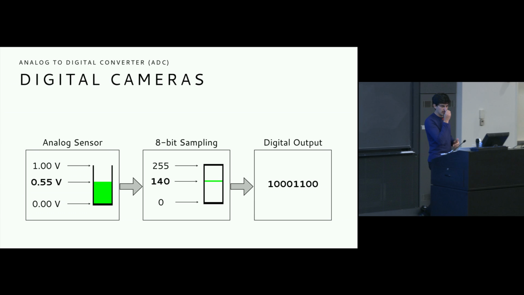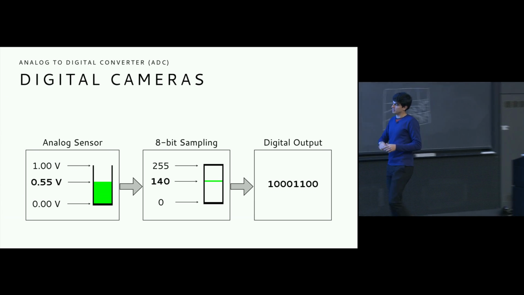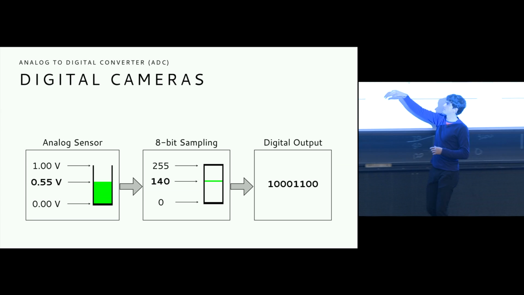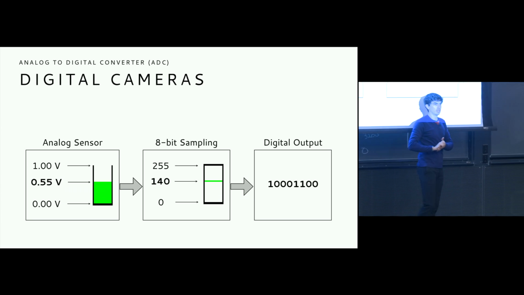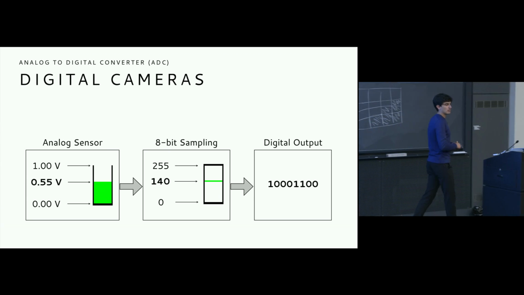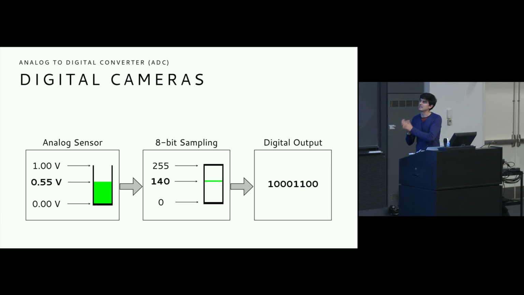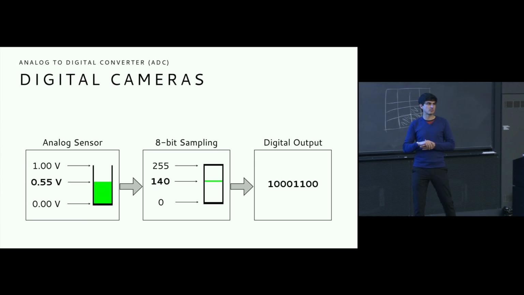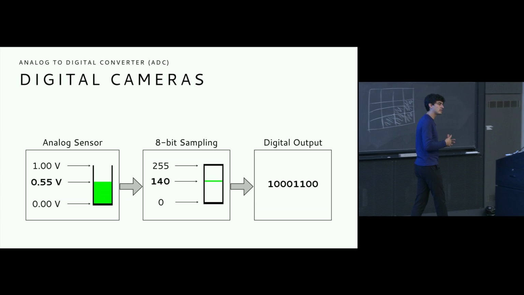What this is, we are essentially breaking down this continuous variation in voltage to some binary representation of that voltage. And what this means is that this can be approximate. It's not necessarily the case that the binary value that represents this voltage is in fact the most accurate representation of that voltage. There's some error happening here, some rounding error.